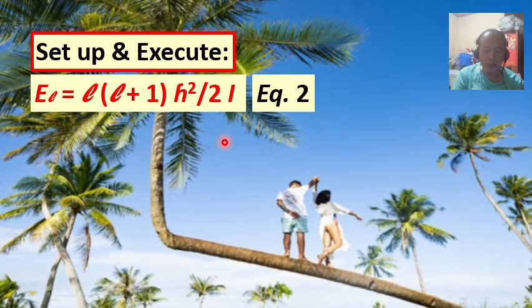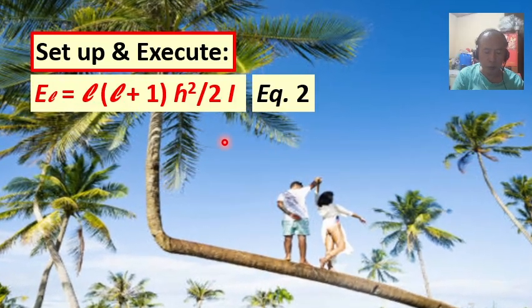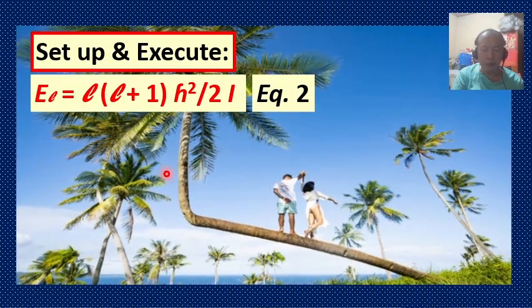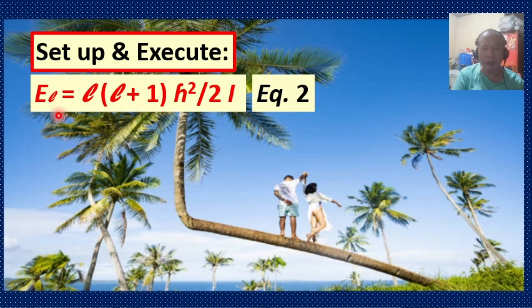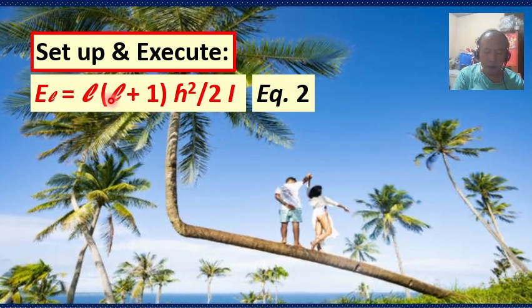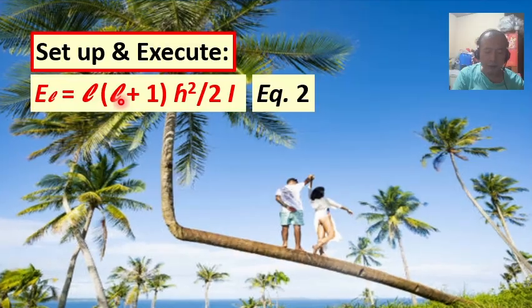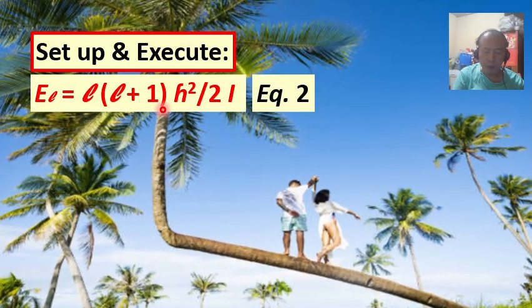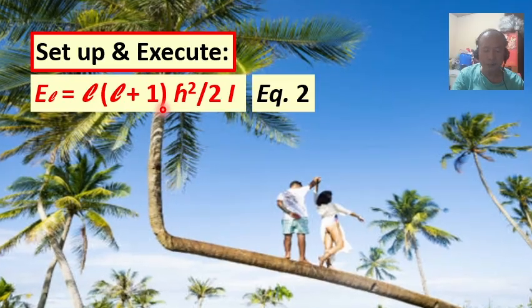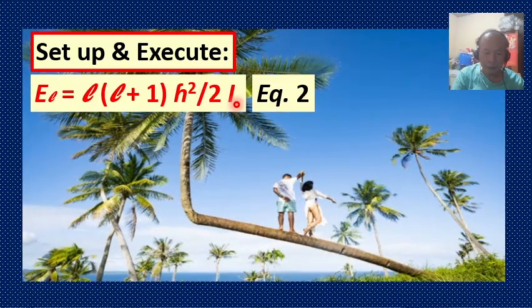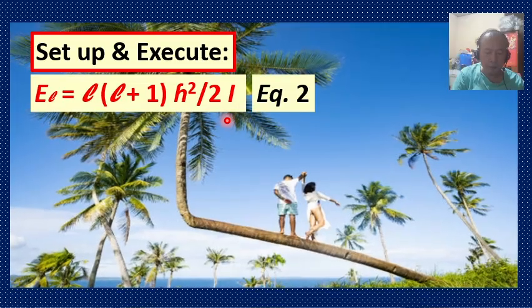And this energy, expressed in equation 2, is directly proportional to the angular quantum number small letter l, also known as the rotational level, but is inversely proportional to the moment of inertia, capital I, of the molecule.